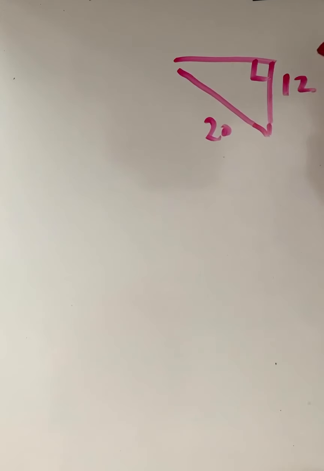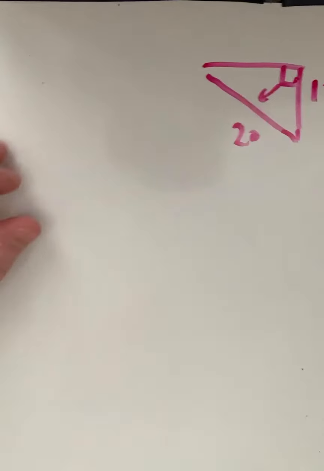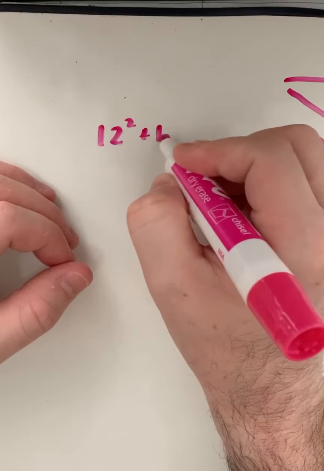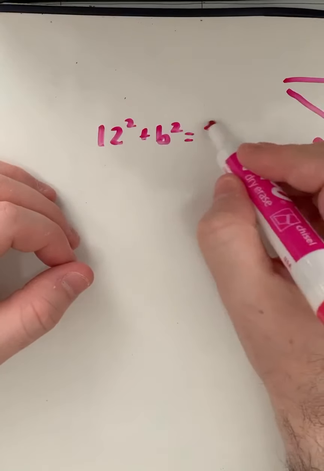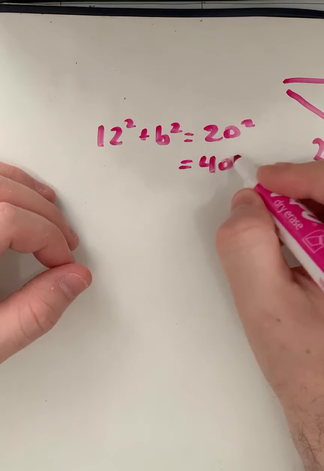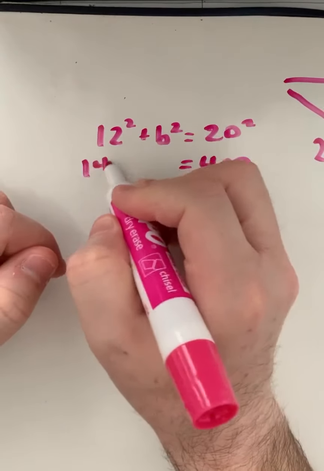We have to remember the line across from the right angle is the hypotenuse. A lot of people got 23 for this. If your number is longer than the hypotenuse, it can't be correct. So let's plug these numbers in: 12 squared plus b squared equals 20 squared. 20 squared is 400, 12 squared is 144.